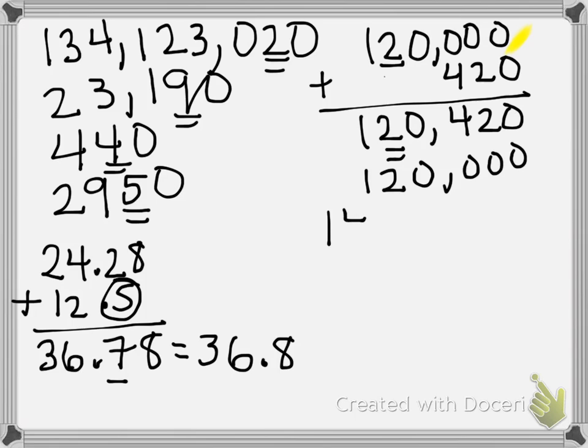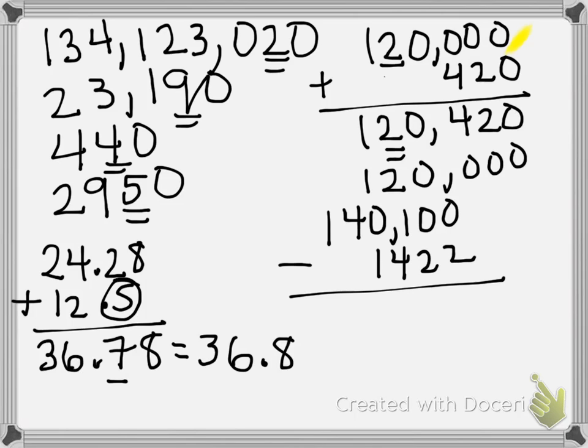Letter C, 140,100 minus 1422. 1, 3, 8, 6, 7, 8. Again here, our last significant digit is here.